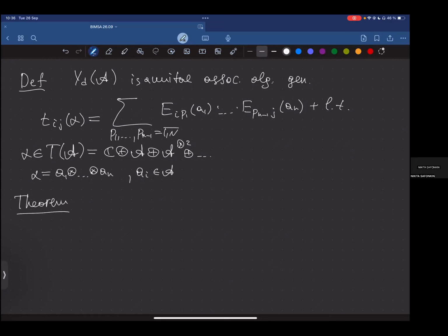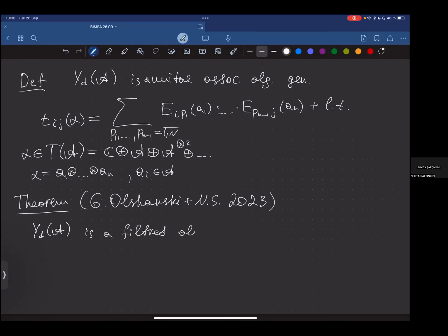Let me state this as a theorem. (2023). It is a recent paper. This theorem says that the Yangian-type algebra Y_D of A is a filtered algebra with respect to the shifted filtration.